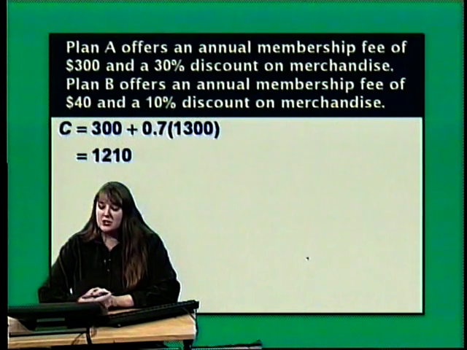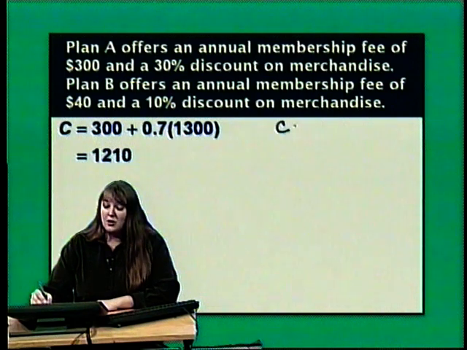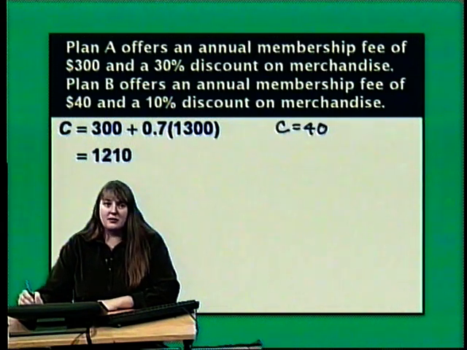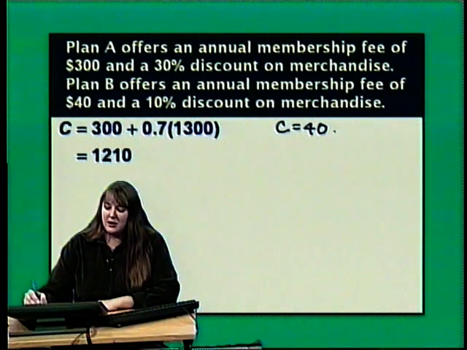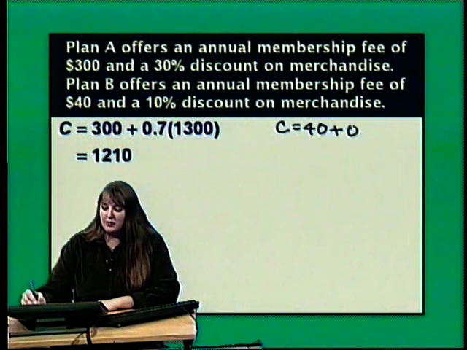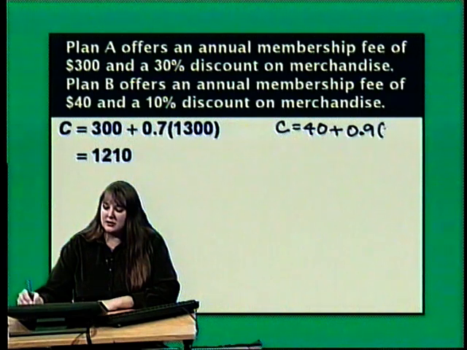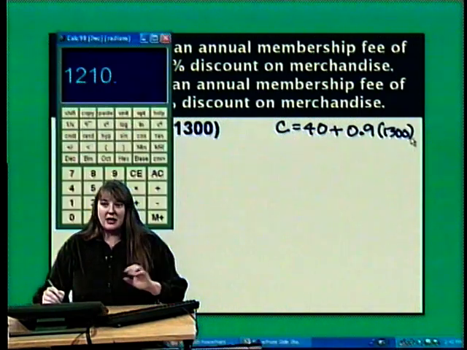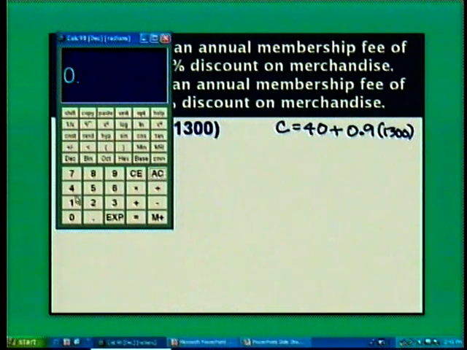Well, let's do the same check for Plan B. We're starting out with a $40 membership fee, and then we're paying 90% of the non-discounted price. So to this, we need to add 0.9 times 1,300. Pulling out the calculator again, 40 plus 0.9 times 1,300 is equal to 1210.